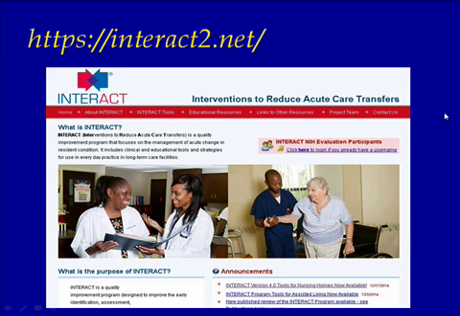The program I want to spend the most time talking about is called Interact, which stands for Interventions to Reduce Acute Care Transitions. I'm actually very pleased to say that it was a local nursing home administrator who brought this tool to my attention. I'm a member of the Johnson County Quality Long-Term Care Planning Committee, and we were talking about transitions, and the administrator had been to an accountable care organization meeting and had been advised that the Interact tools are very helpful, and then this became a focus of discussion in our work group.